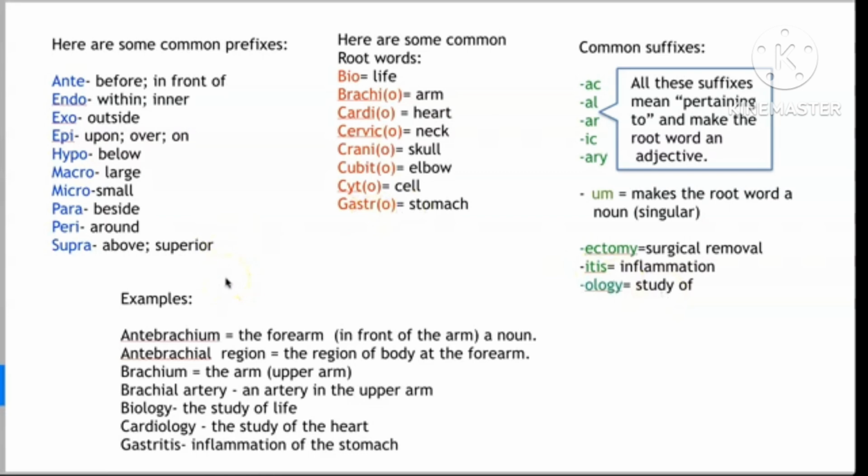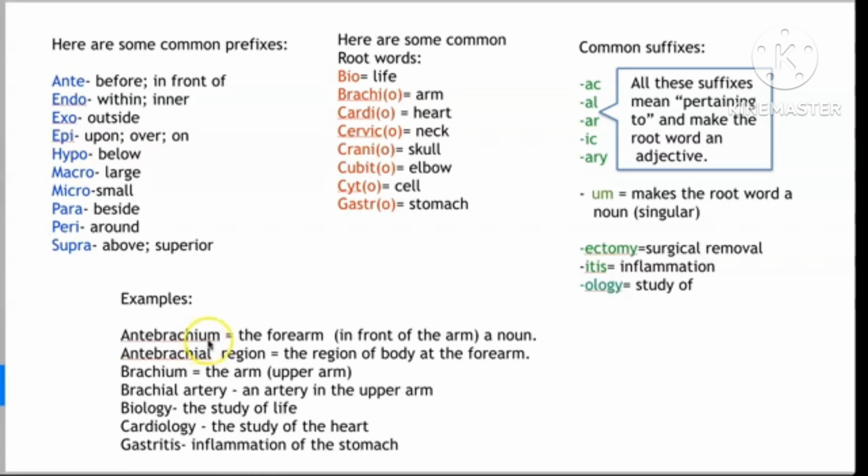So let's get some examples. When you're looking at any of these words, kind of work from back to forward. So this word is antebrachium. It's telling us, here's the suffix, this is a noun.